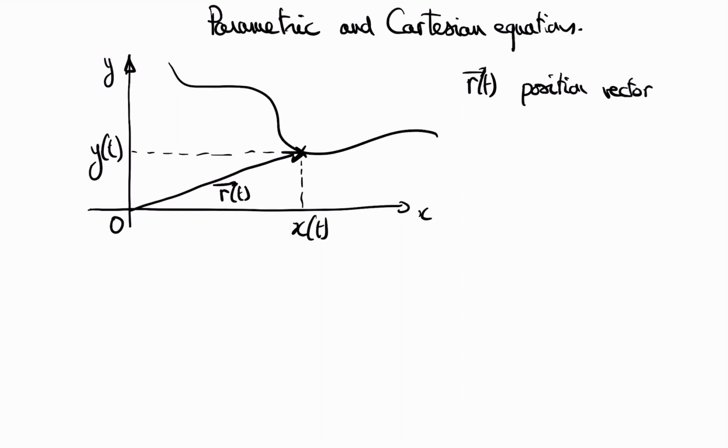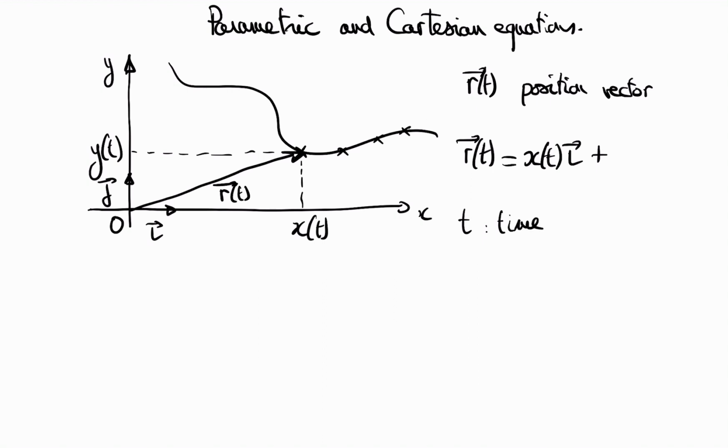And so at that particular time it's there, and a bit later it's there, and then it's there, and so on. So r of t is made of, sorry, I should have added the unit vectors i and j. So r of t is made of two components. There is the x component, which is a function of t, and t is a time, of course.